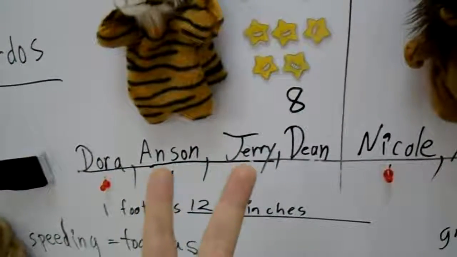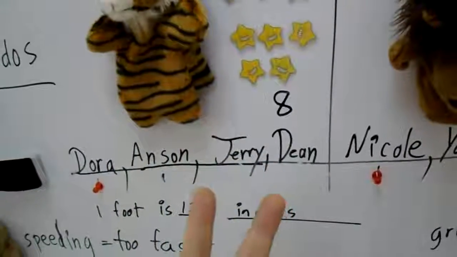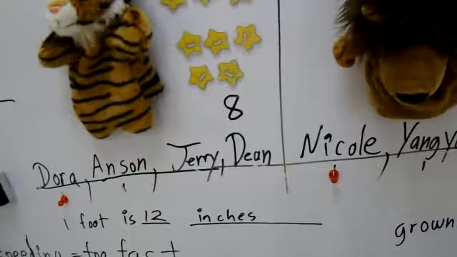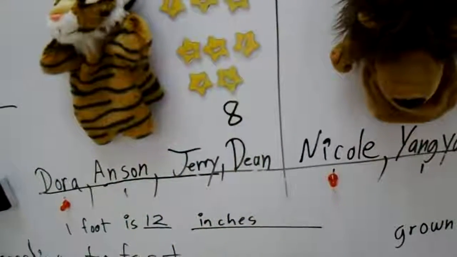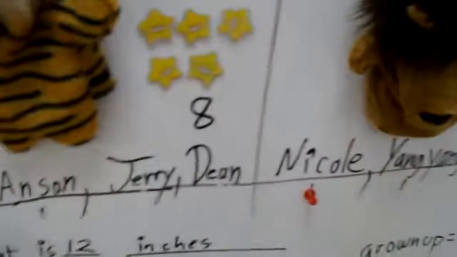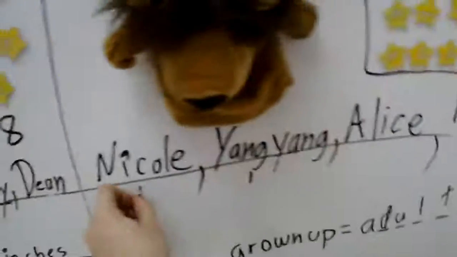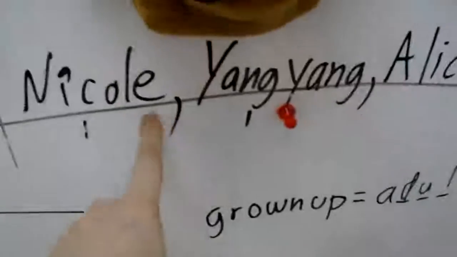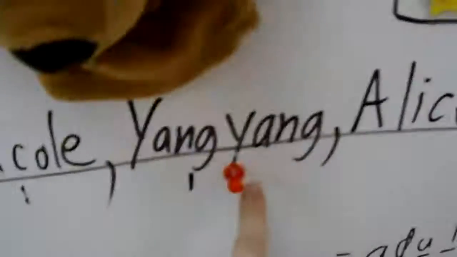So what I'm showing you now is a process for using your team selections if you're going to have students representing their teams 2 at a time. So after Nicole and Dora, then it is Anson and Yong Yong.